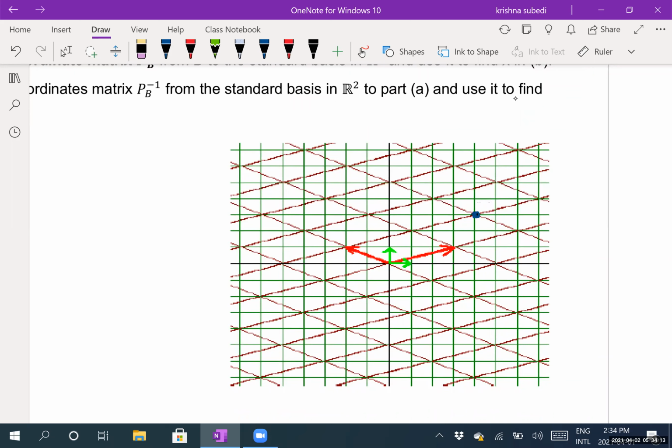So my X is, can you tell me what is the coordinate for X using the green, the standard graph, because there are two kinds of graph. One is the standard graph where I use the green color to make that graph paper.